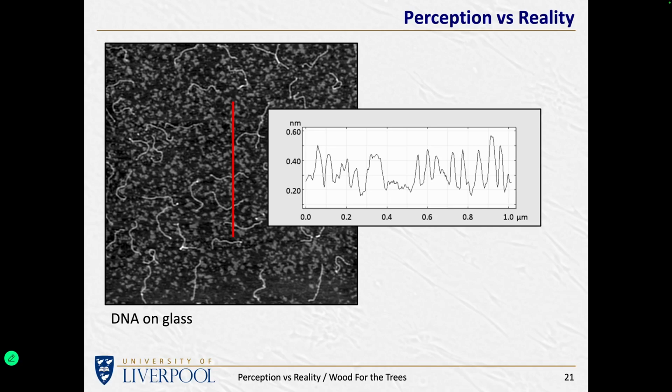That red line, we can see, actually cuts through 3 strands of DNA, as indicated by the orange arrow there. And those 3 points correspond to that point, that one, and that one. So yes, the highest point there does correspond to a piece of DNA. But the second highest one doesn't, and the third highest one doesn't, and the DNA is actually those 3 green arrows there.